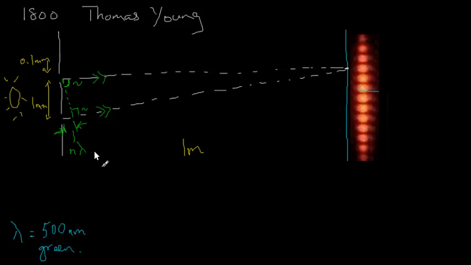Then that means that when this point is at the center, it is at the same distance from the two gaps. So the path difference is 0.